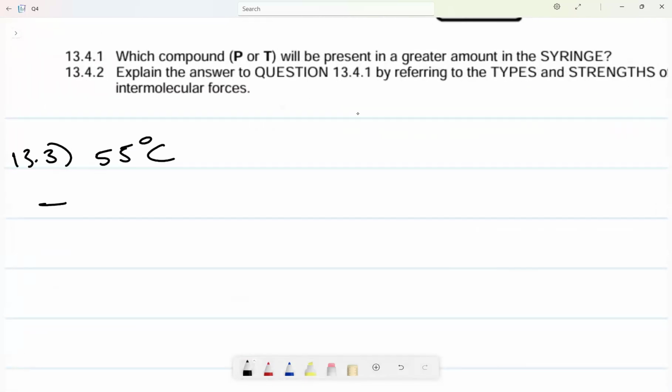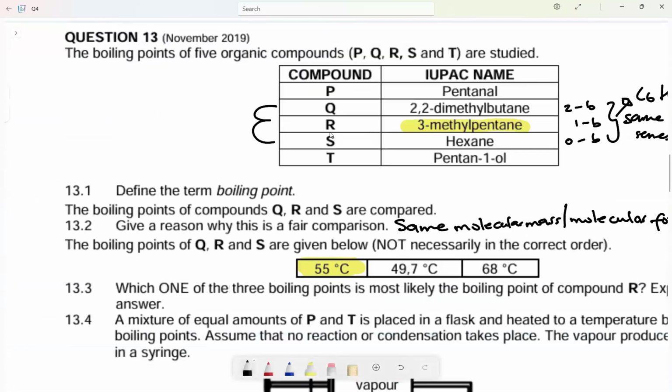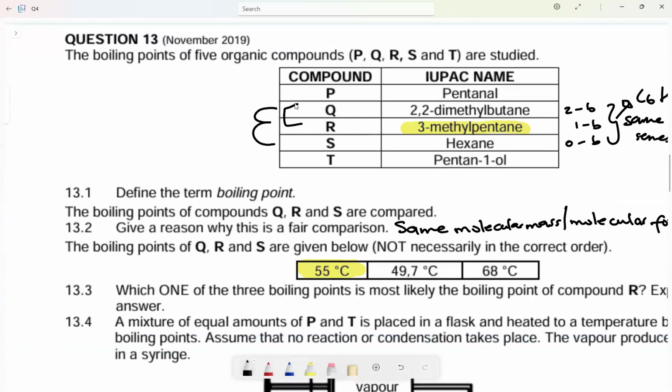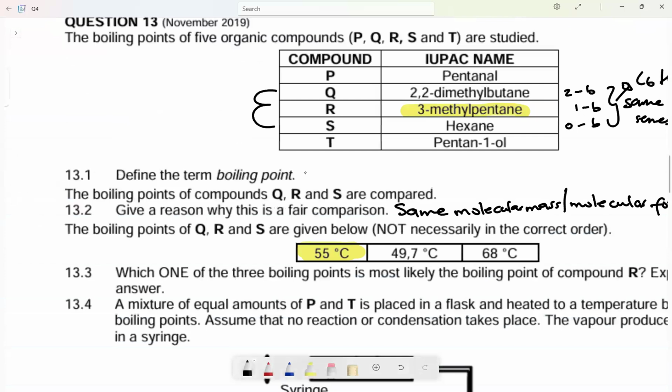Now you need to compare R with respect to Q and S. I repeat, you need to compare R with respect to Q and S. So what will you say? Where is that? Let me go down.